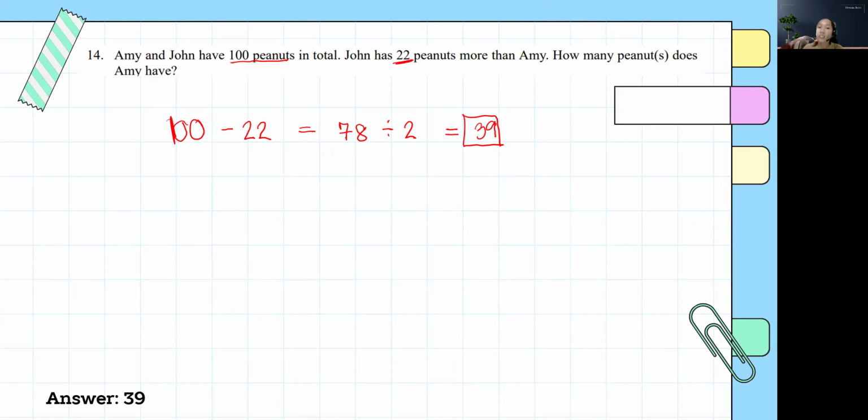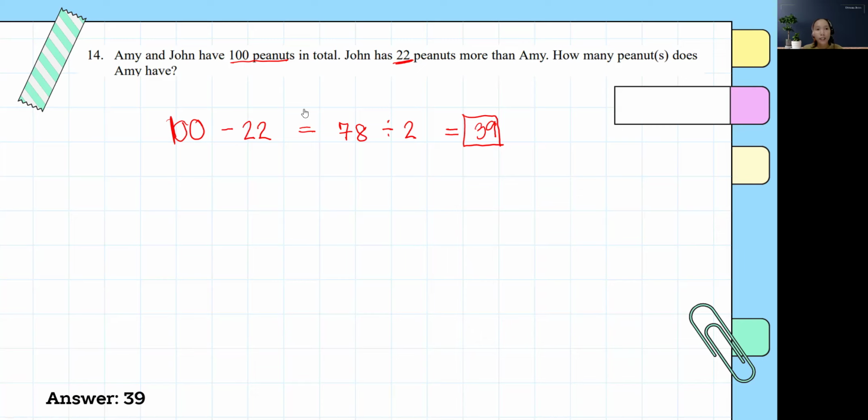All right? So Amy has 39. That's how we answer questions like this. That's it for number 14. Questions in the chat box, please. Okay, no questions. So let's proceed then.